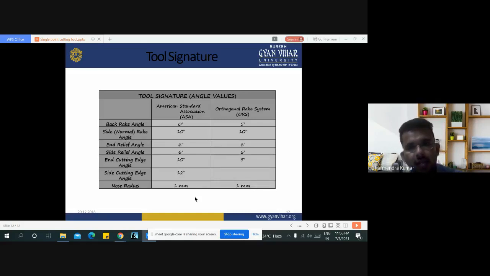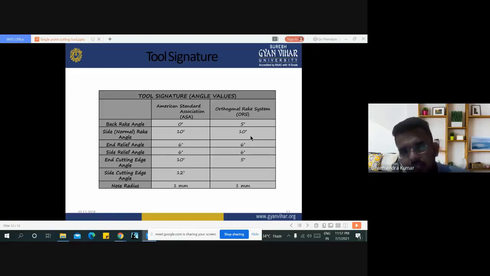On the other hand, in the ORS or orthogonal rake system, we generally consider these values for angles in a single point cutting tool. Back rake angle up to 5 degrees, side rake angle 10 degrees, end relief angle 6 degrees, side relief angle also 6 degrees. The end cutting edge angle here is almost half the value compared to ASA.